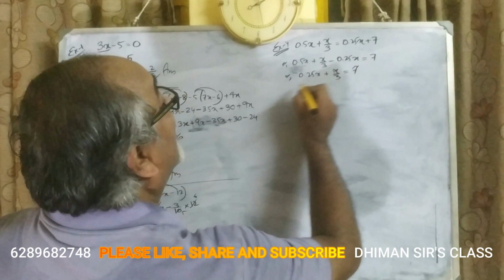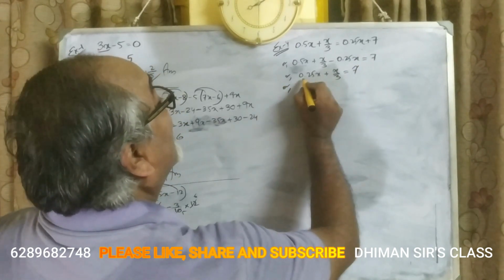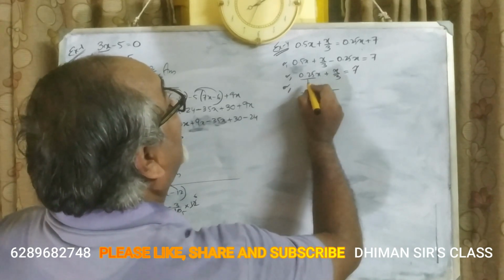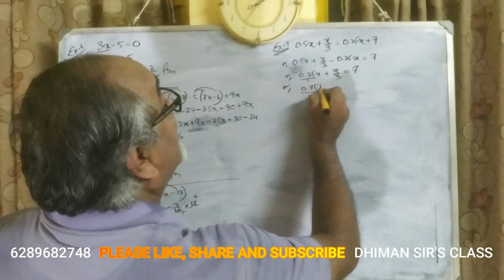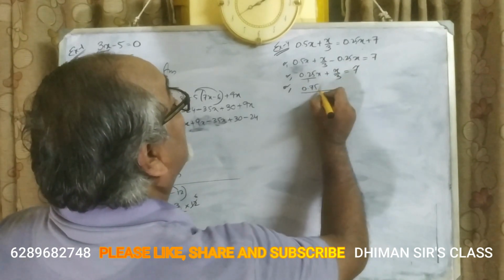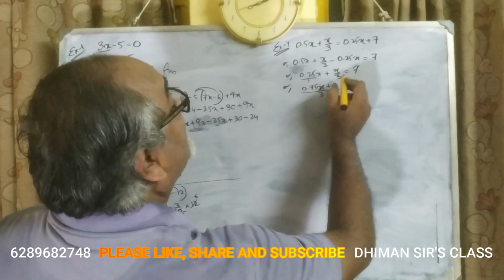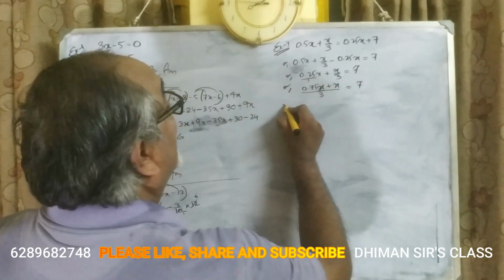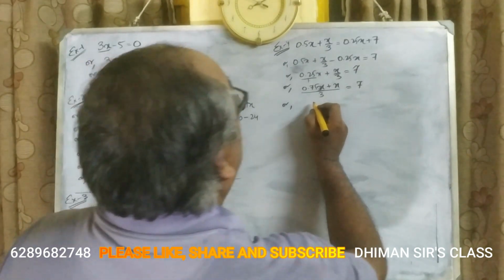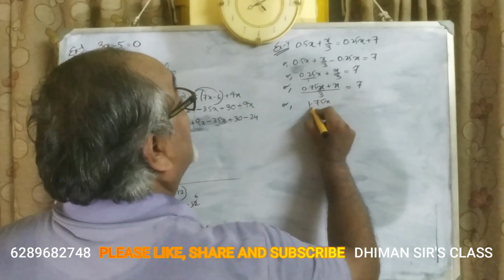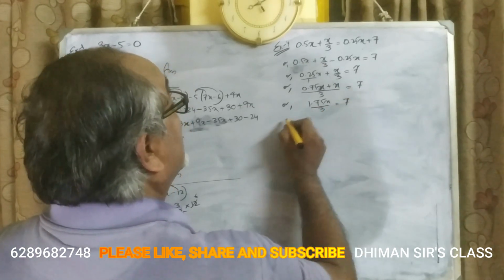Now let the denominator be 1. 3 1s are 3, 3 times 0.25 is 0.75, plus 3 1s are 3, 0.75x plus 1x, only x is equal to 7. Or 1.75x by 3 is equal to 7.